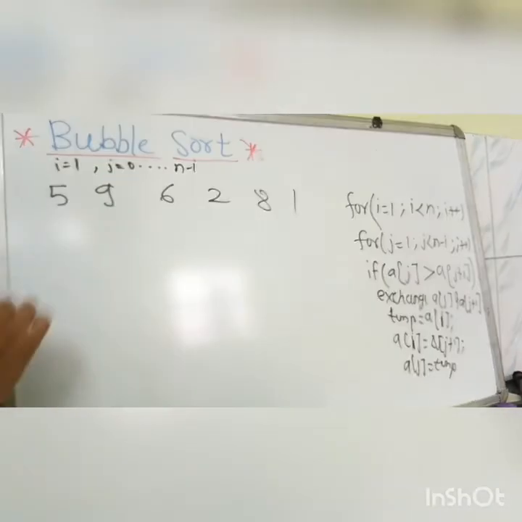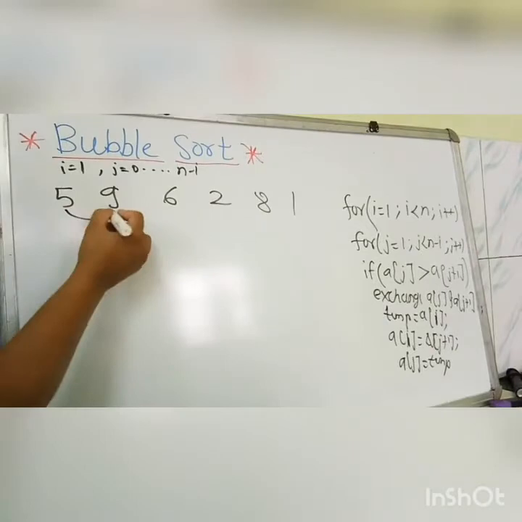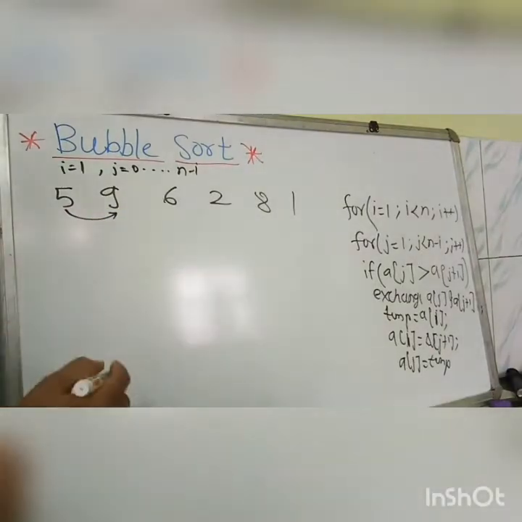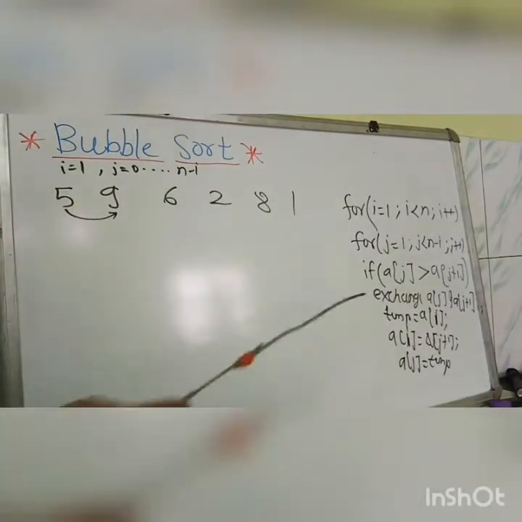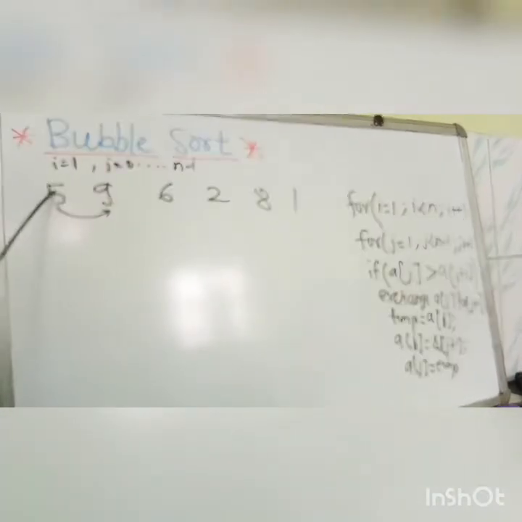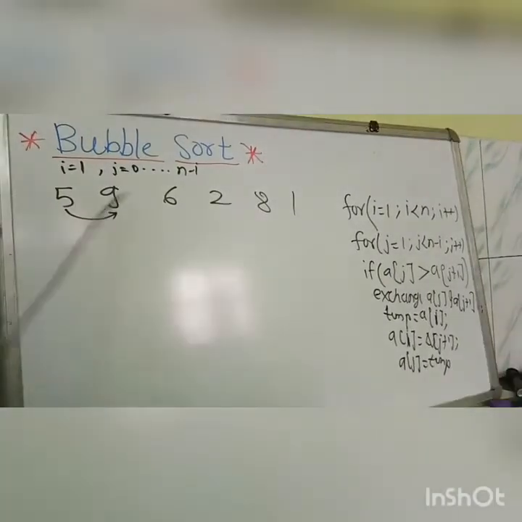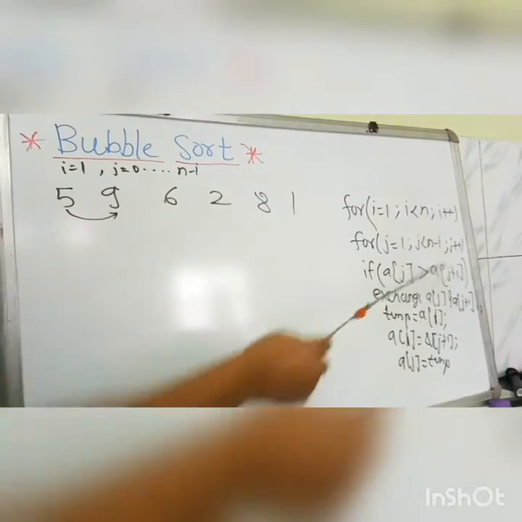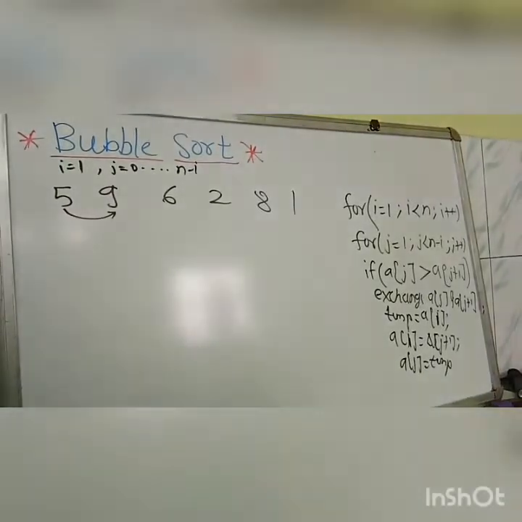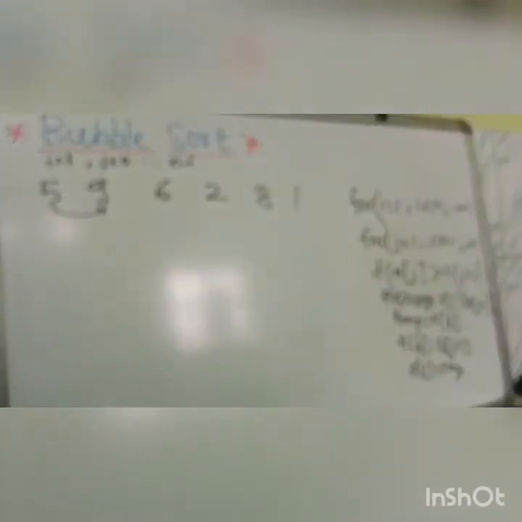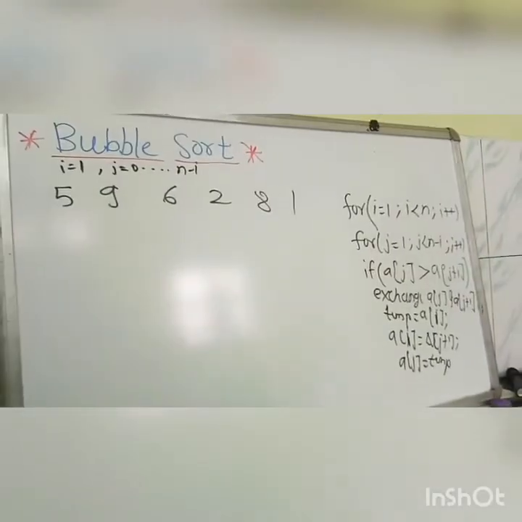When i equals 1, j equals 0, it will compare 5 with 9. According to our example, we are checking whether a of j is greater than a of j plus 1. As clearly seen, in this case 5 is not greater than 9, so we will not make any swapping.